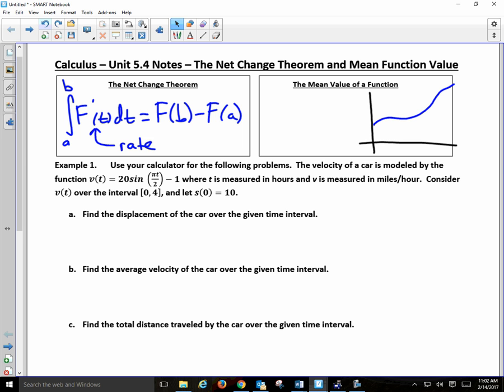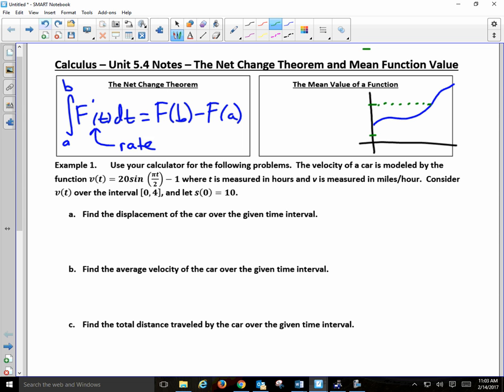Would you say that this green mark is the average height of the function? Tell me when you think I get to about the average height. Sure, that might be a spot where we consider that approximately the average height. Maybe it's a little bit lower.